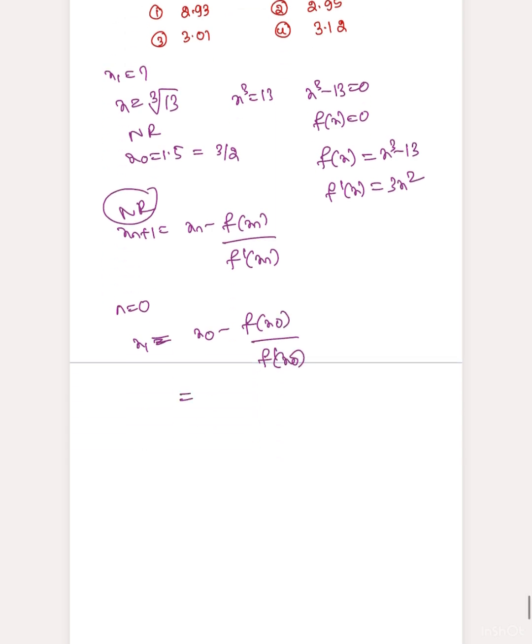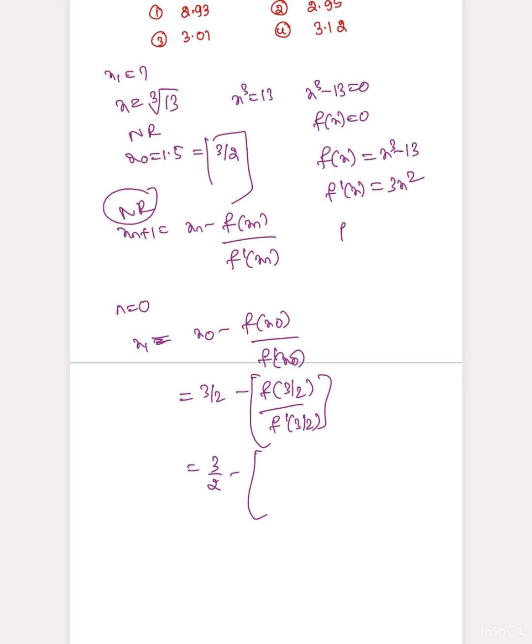So x naught is 3 by 2, f of 3 by 2, f dash of 3 by 2. So this is 3 by 2 minus f of 3 by 2 divided by f dash of 3 by 2.